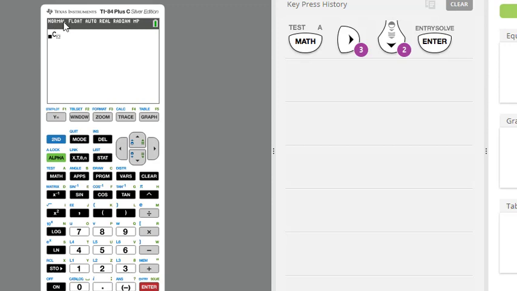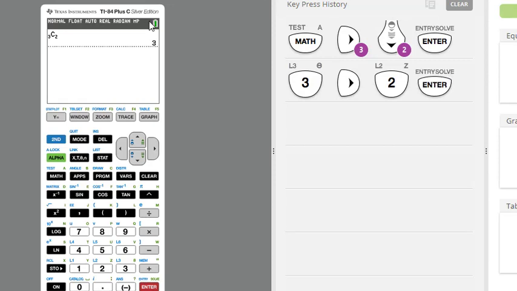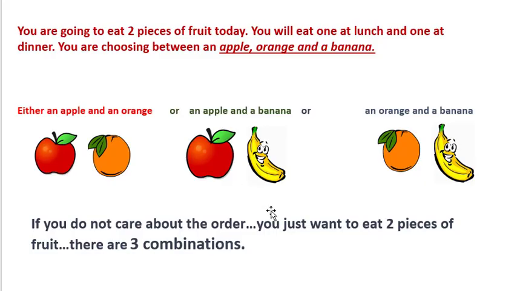And you will see I now have a place to put my N and my R. So I will enter 3. I'll scroll over to the other blinking box, hit 2, hit enter. And so there are 3 combinations. And that is what we got. 3 combinations of how I could have 3 pieces of fruit and only choose 2.